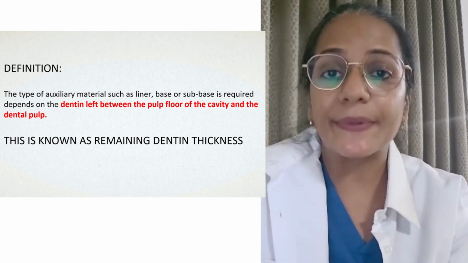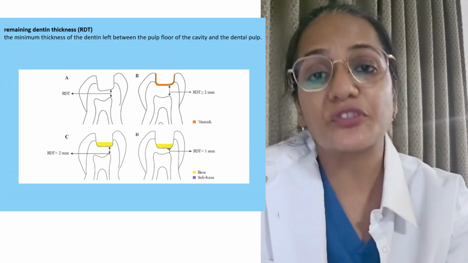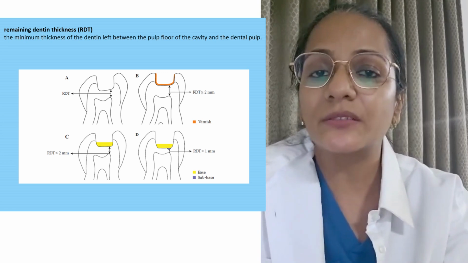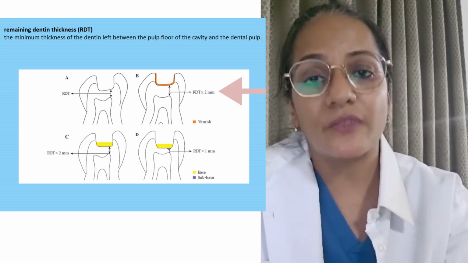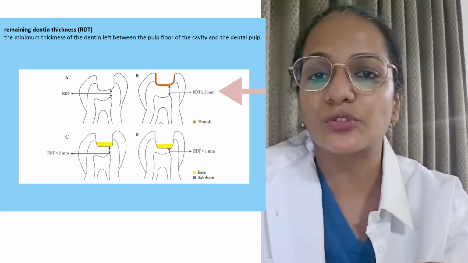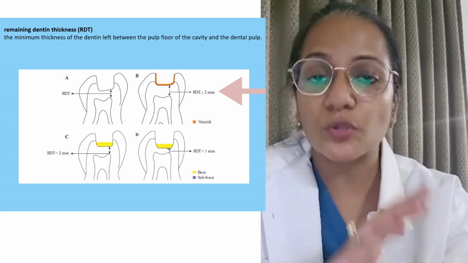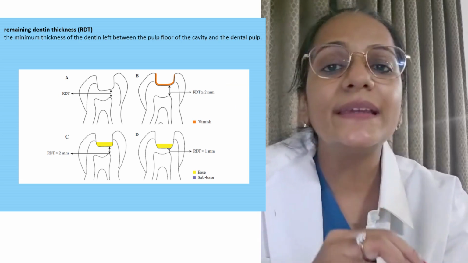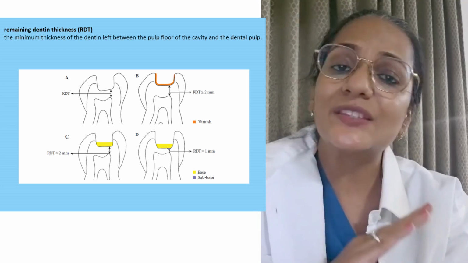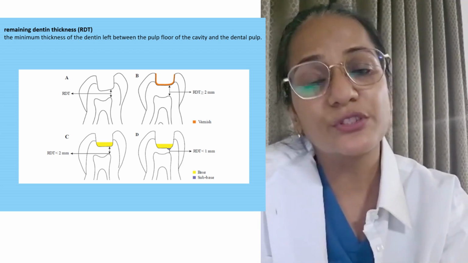So say for example, for dental amalgam, if your remaining dentine thickness is more than or equal to 2 mm, you can just apply varnish, also known as solution liners, because you have enough remaining dentine to protect your pulp. Only in deep dentine areas where your dentine is very less, the dentine is very porous and susceptible to desiccation.